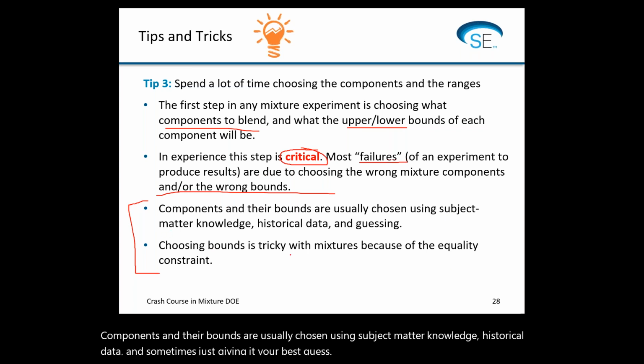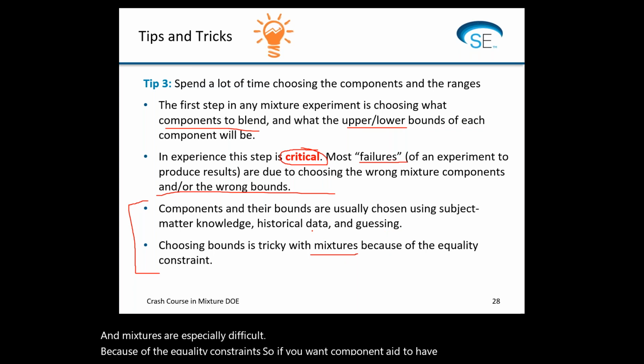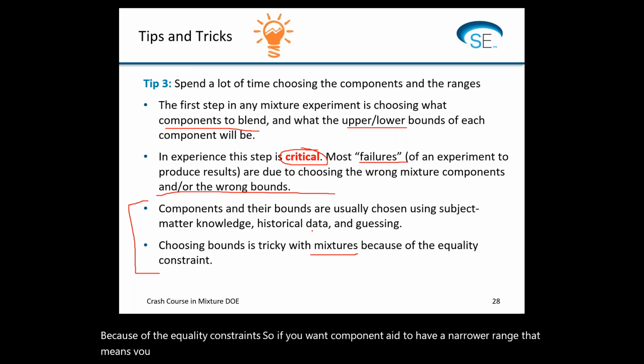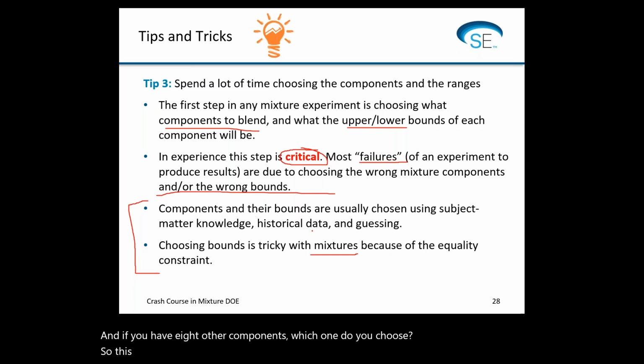Mixtures are especially difficult because of the equality constraints. If you want component A to have a narrower range, that means you need to expand the range of another component. And if you have 8 other components, which one do you choose? So this is really where it can get tedious and tricky.